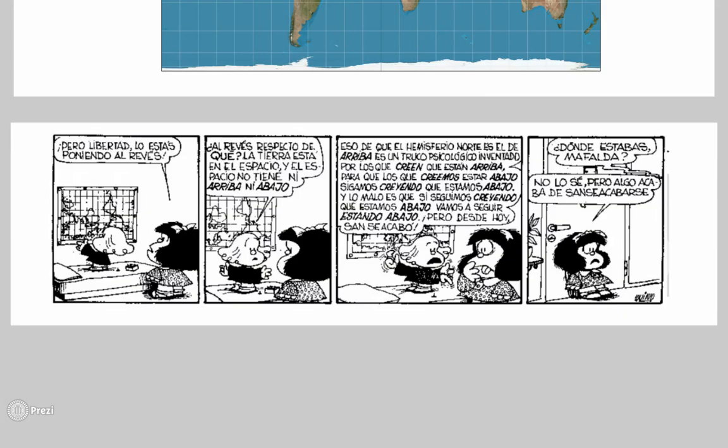Y lo malo es que si seguimos creyendo que estamos abajo, vamos a seguir estando abajo, pero desde hoy, se acabó." And you see Mafalda's face like she's about to throw up. And in the next scene, Mafalda's mother asks, "¿Dónde estabas, Mafalda?" And she answers, "No lo sé, pero algo acaba de acabarse."